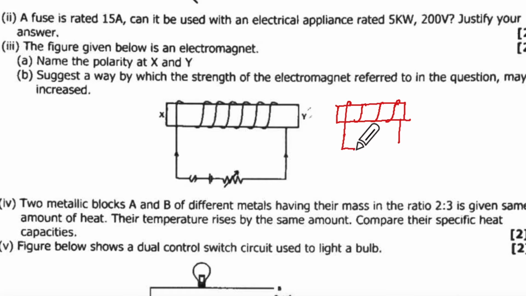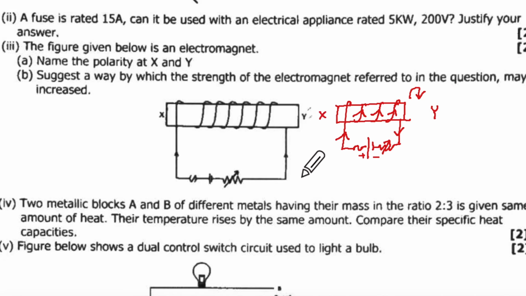Okay, and this is your, what is this? And this is the tapping key and this is the rheostat. Okay, now the current is going this way. Show the arrows, and this side it is clockwise. Can you see that?